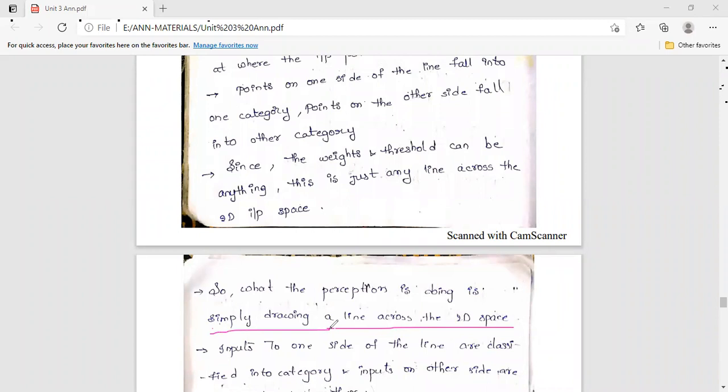It is going to take a 2D space graph, and within that it is going to represent the categories of data points. Previously, we separated the data points. In the same manner, here also, based on whether it is fired or not, it is going to represent them using a small graph. How it is going to represent, we will see now.